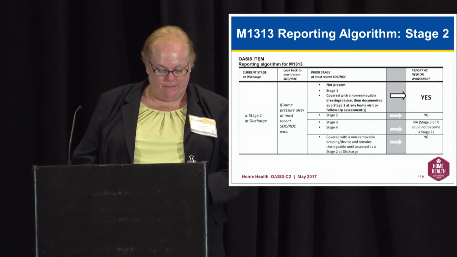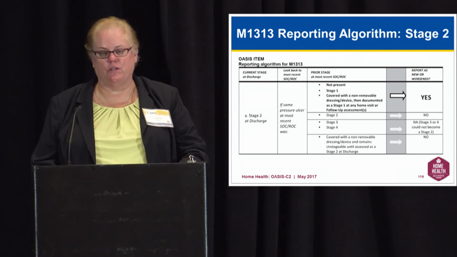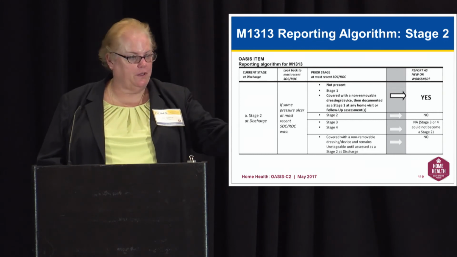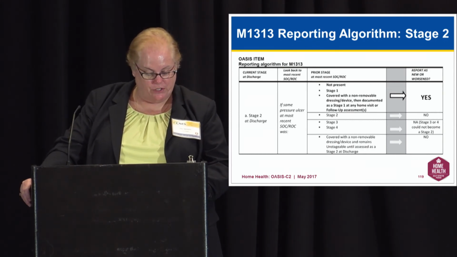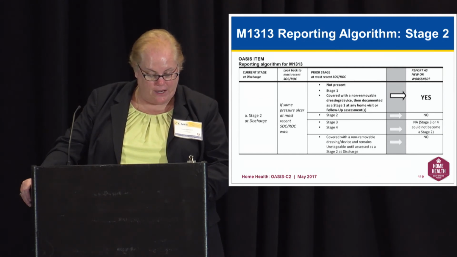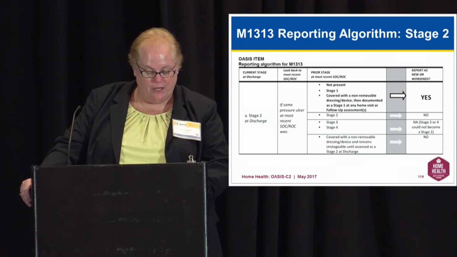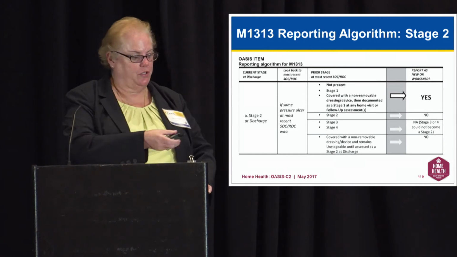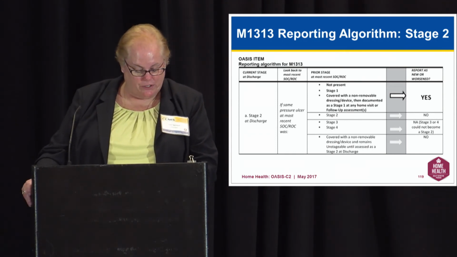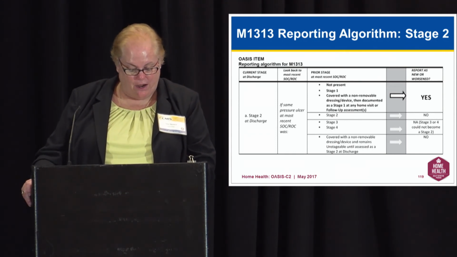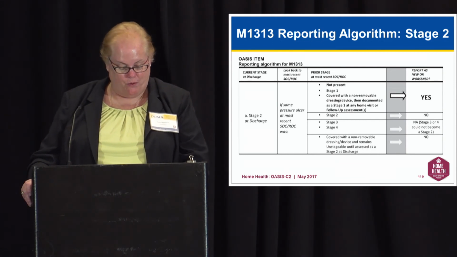If you're trying to read these, on the far left you have a stage 2 at discharge, so this is the current stage at discharge. Then you look back to the most recent SOC/ROC, to see if it's the same pressure ulcer. Then you go to the third column, which is the prior stage at the most recent SOC/ROC. And then it tells you whether you should report it as new or worsened.